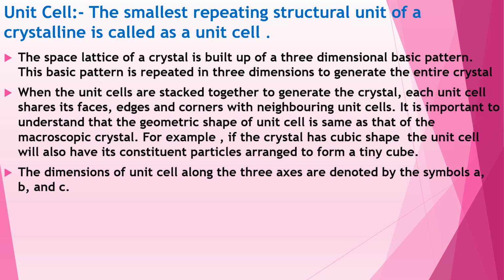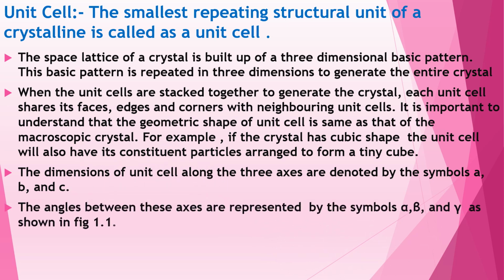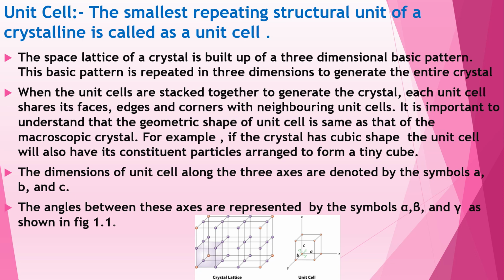Next point, the dimensions of the unit cell along the three axes are denoted by the symbols A, B and C. The angles between these axes are represented by the symbols alpha, beta and gamma, as shown in this figure. Okay.